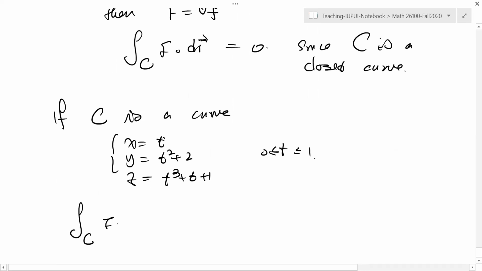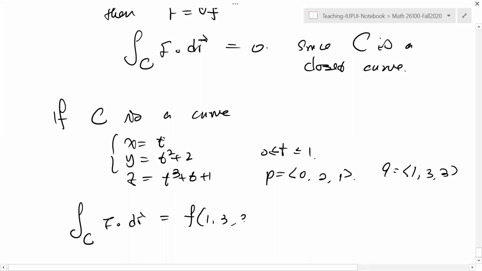The integral is going to be the value at the two endpoints. The starting point is when t equals 0: 0, 2, 1. The end point is when t is 1: 1, 3, 3. So it'll be f(1, 3, 3) minus f(0, 2, 1).